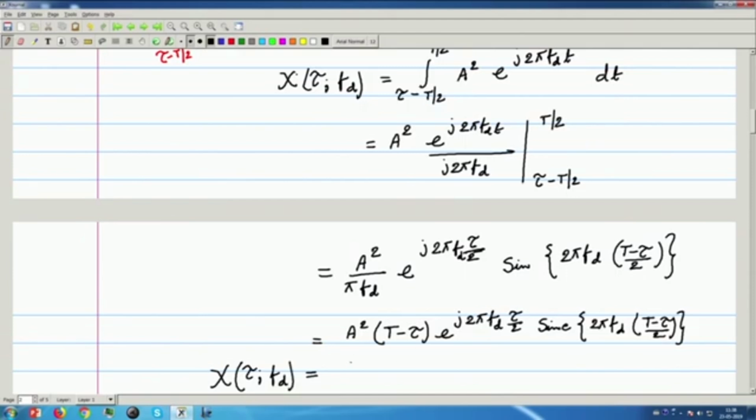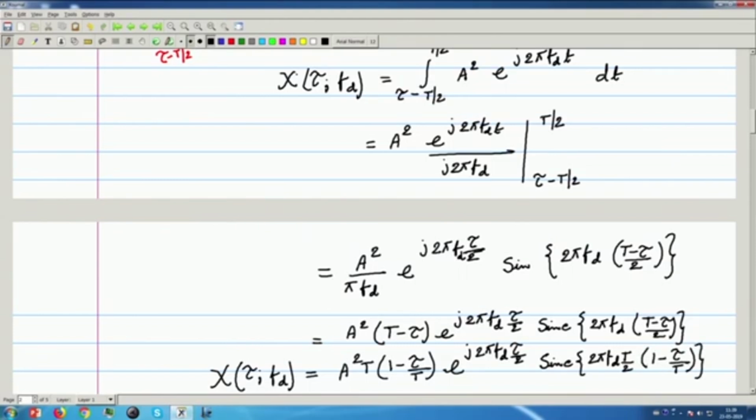I can take this t out and this is 1 minus tau by t, then e to the power j 2 pi f d tau by 2 sinc of 2 pi f d t by 2 into 1 minus tau by t.